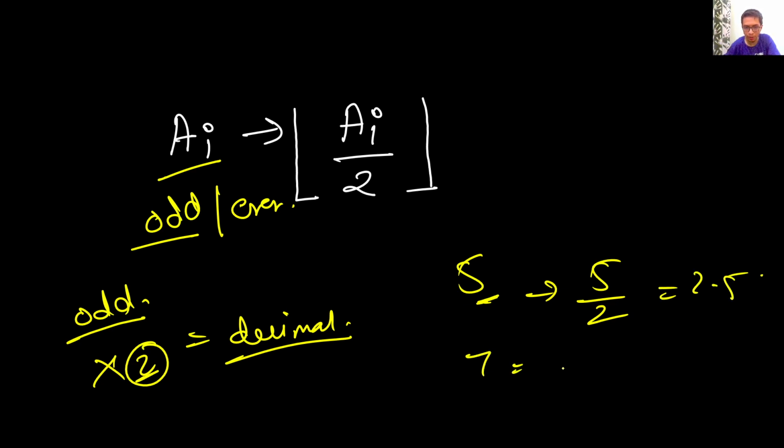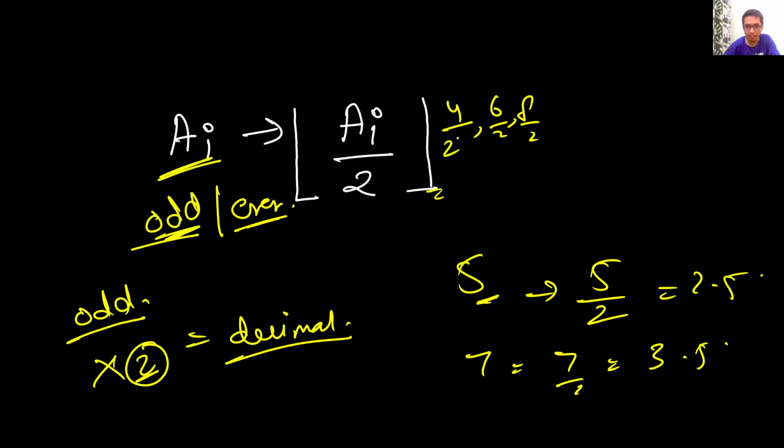Similarly, if I divide 7 by 2, I'll get 3.5. But on the other hand, if this Ai is even, like 4, 6, or 8, then in all these cases, if I divide these numbers by 2, the results would be integers. The results would not be decimals in this case.